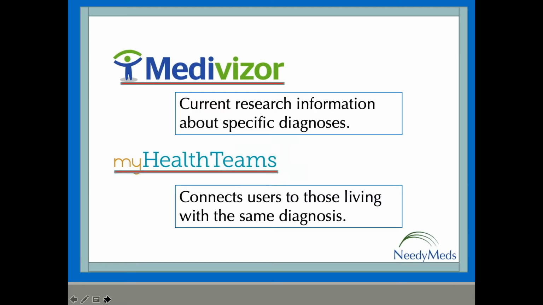My Health Teams, which I keep mentioning, creates social networks for communities of people with the same diagnosis. My Health Teams believe that when people living with the same condition are able to connect with and learn from each other, ask questions, get referrals, and share tips with other people who personally understand what it's like to face that condition, health outcomes improve.